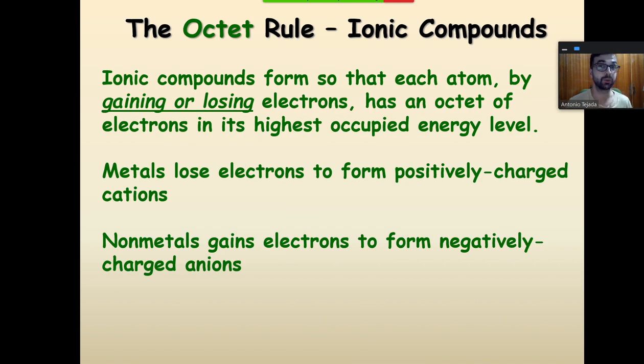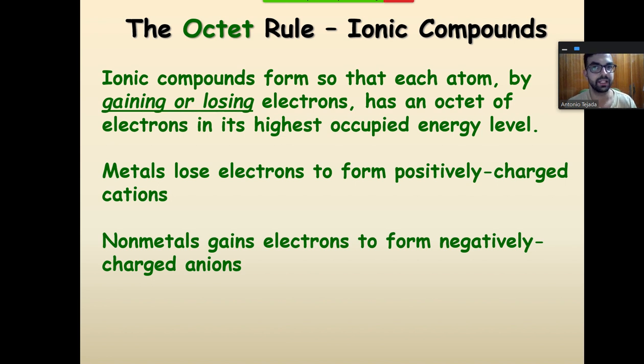After that, I will go through the octet rule: ionic compounds form so that each atom, by gaining or losing electrons, has an octet of electrons in its highest occupied energy level. Metals lose electrons to form positively charged cations, and non-metals gain electrons to form negatively charged anions.